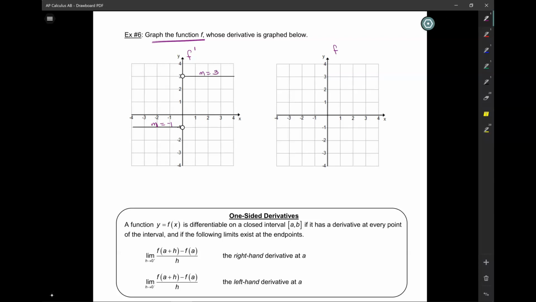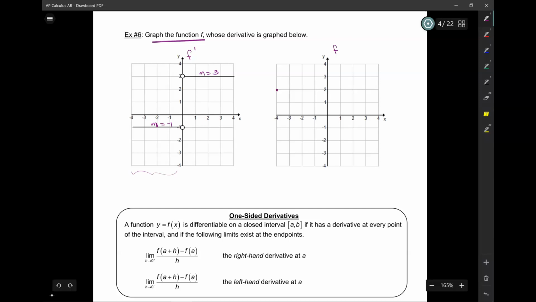So in this interval from -4 to 0, the slope is constant at -1, right? Constant slope, remember, that's a linear equation. It's a linear graph. So here, to the right, I'm going to draw something with a constant slope of -1. Well, I can start anywhere on the y, as far as the y value is concerned. That's not specified to me.